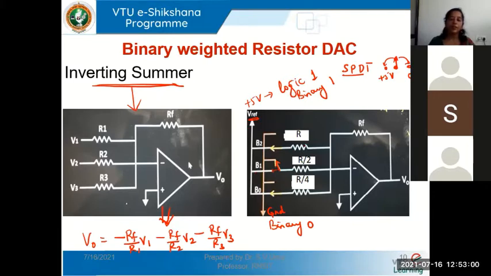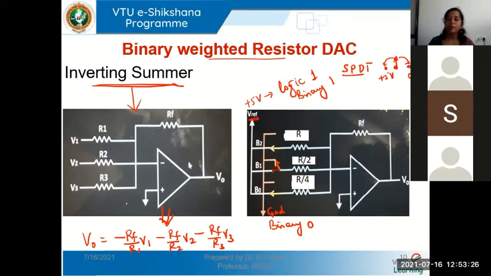The second change is in the value of the resistors. I have to design a weighted resistor DAC. So if the first resistor has the value R, the next resistor will be R by 2, the third resistor will be R by 4, the fourth resistor can be R by 8, and so on. So what am I trying to do?